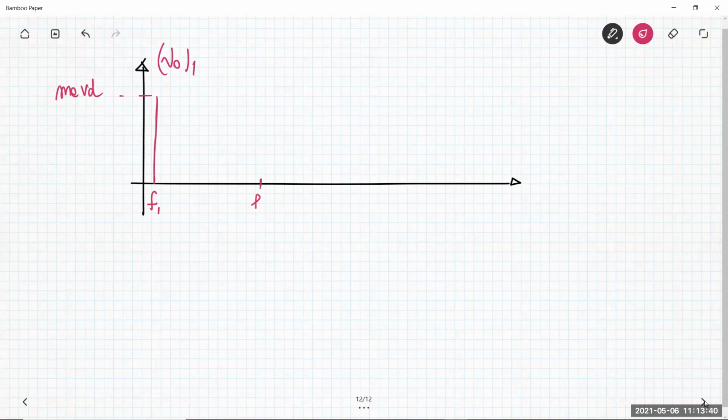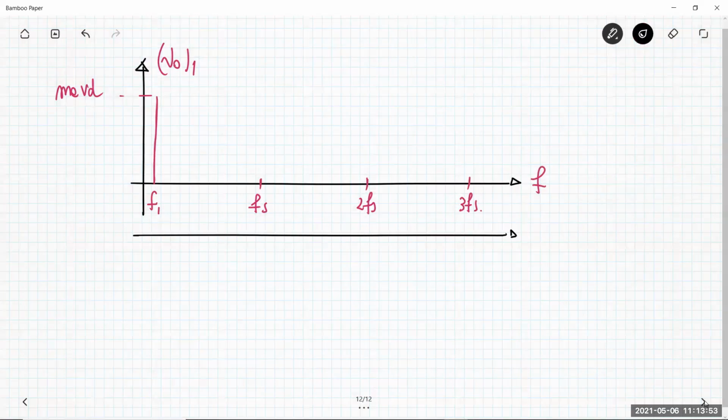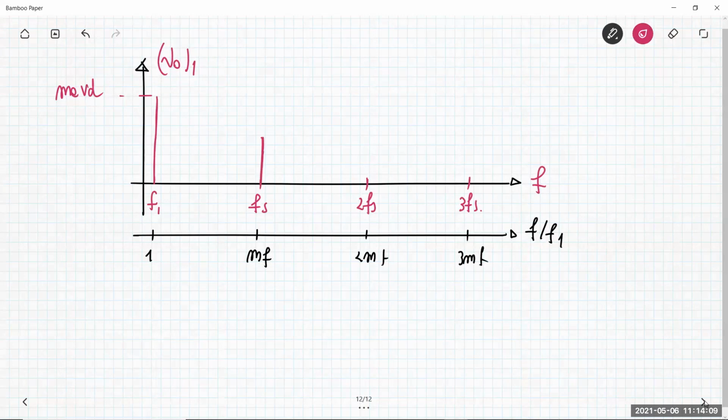Then you have something around Fs, something around 2Fs, something around 3Fs in terms of an axis scaled in frequency. If you want an axis scaled in F over F1, then you have 1, you have MF, 2MF, 3MF, etc. This is the fundamental of the switching frequency, the second harmonic, the third one. Then you have intermodulation products here.